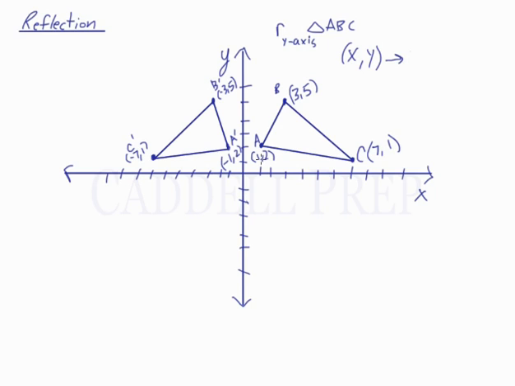But it became negative 1 and 2. So the x coordinate became negative and the y stayed the same. Just like with point B. It was 3, 5 and became negative 3, 5. Point C is at 7, 1 and the image is at negative 7, 1. So x, y becomes negative x, y.